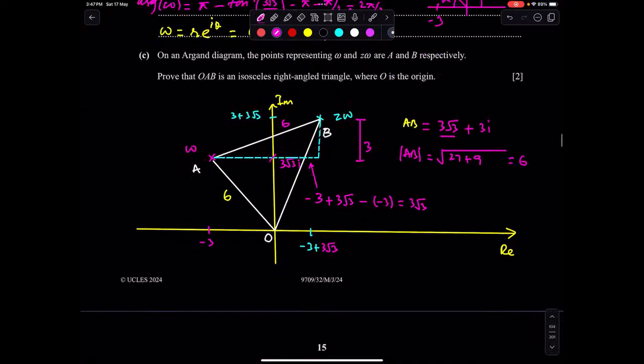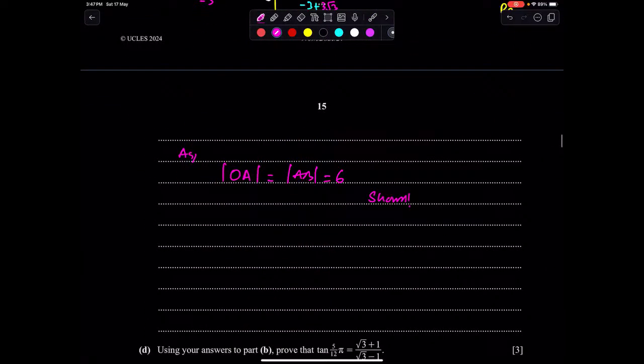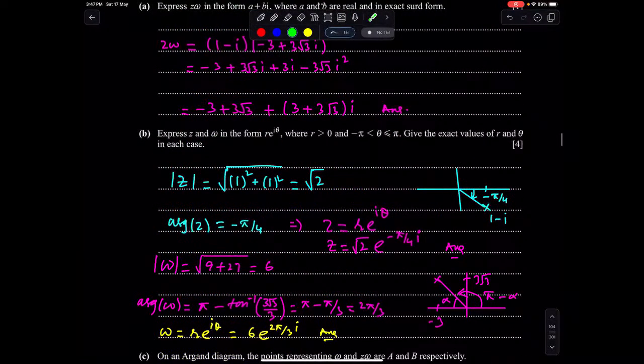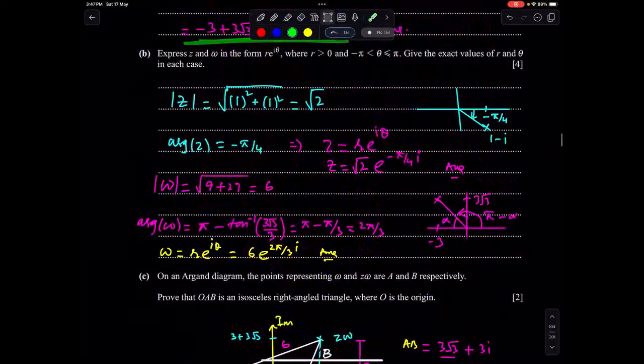The other method, if you are finding this method difficult, then there is another method. Method 2 for AB. You have done vectors, you write AB as OB minus OA. So this is OB. OB is here. So just copy this OB.